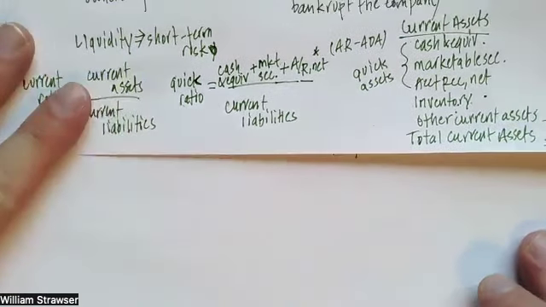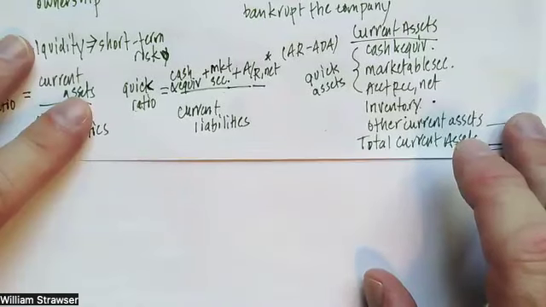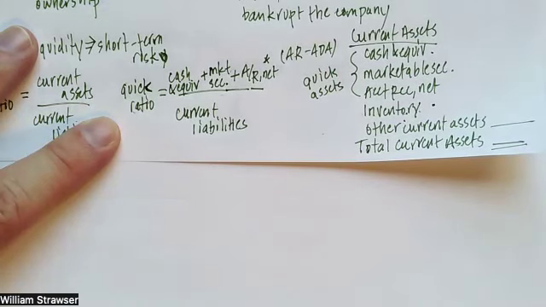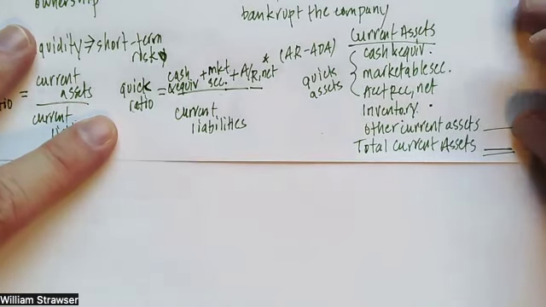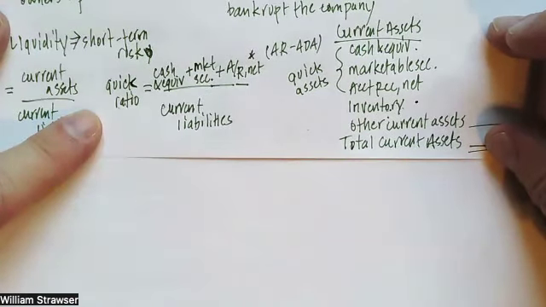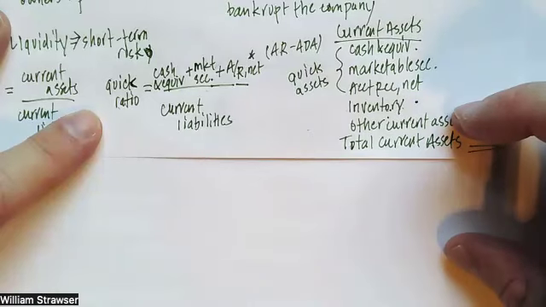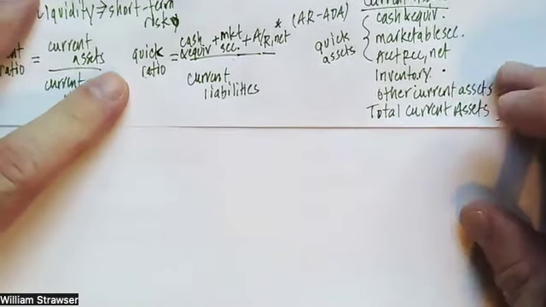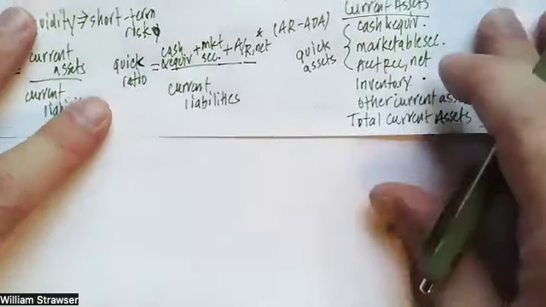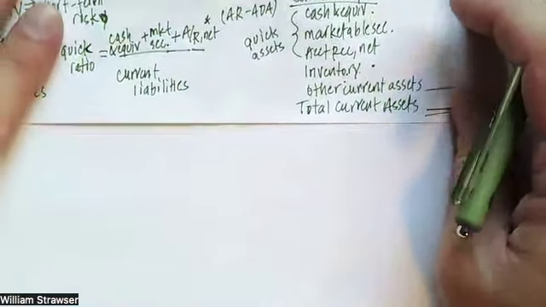Beyond that, I want you to know the formatting. Now, I won't ask you necessarily for a full balance sheet that is properly formatted, but I definitely have asked for a properly formatted current assets section or a properly formatted property, plant, and equipment section or something along those lines. But it's a good exercise to know, for example, first are the current assets, and I won't bother to rewrite all of them, because they are right there.